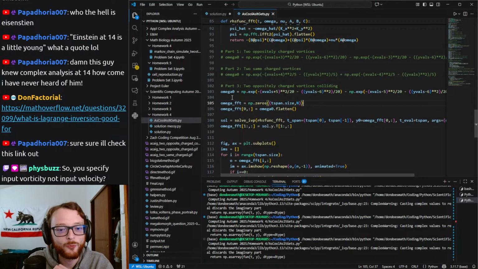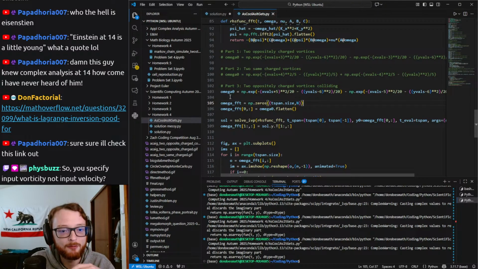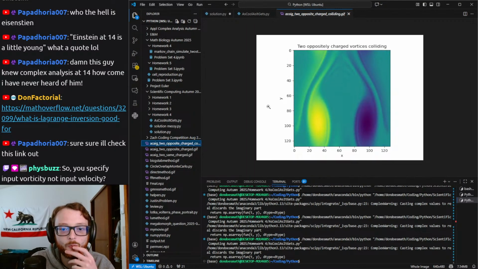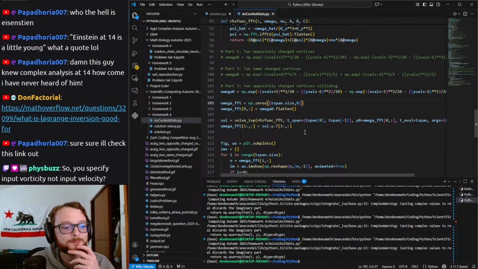Yeah, that's kind of the way that they structured this homework. We start with initial vorticity and we get everything we need from that. Woo. Huh. This is a little touchy though.